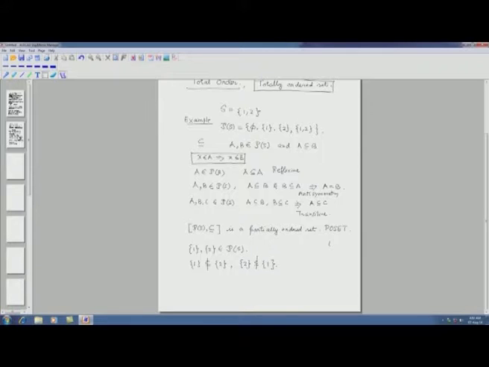Therefore, I have been able to produce from this very small set P of S, which contains only 4 elements, 2 elements, namely the set containing only 1 and the set containing only 2, which are not comparable.